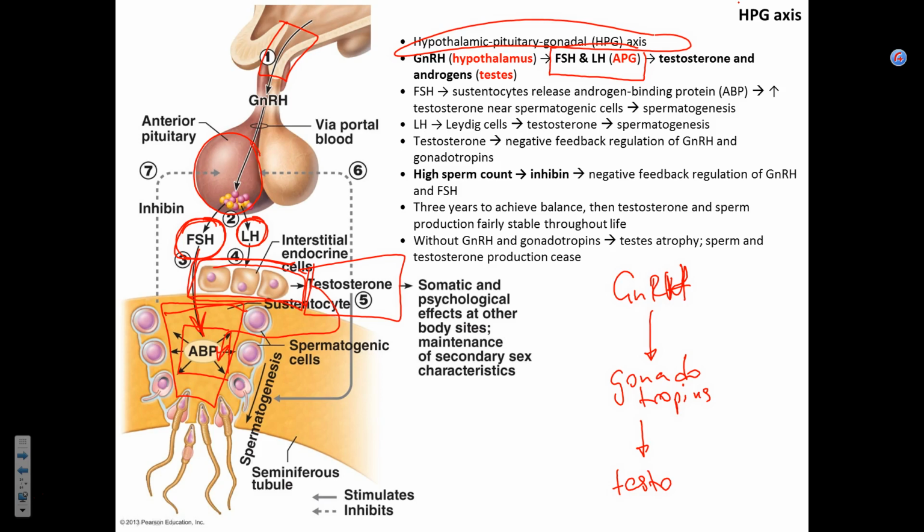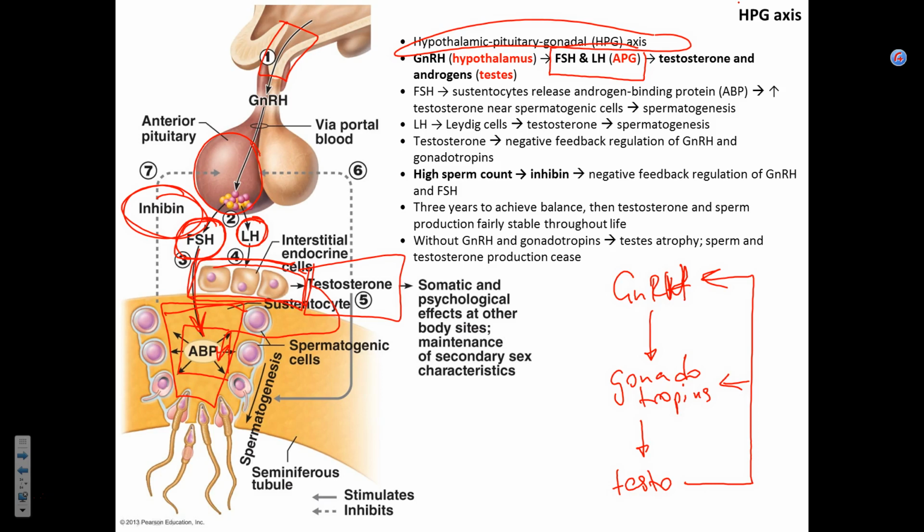Negative feedback is facilitated by two hormones. Testosterone, okay, which inhibits both gonadotropin-releasing hormone and gonadotropins, and another hormone that we mentioned briefly before, hormone called inhibin. Inhibin right here is elevated when the sperm count increases.